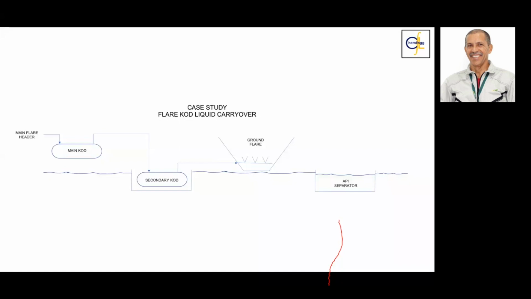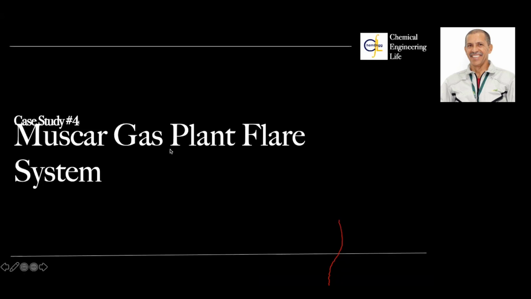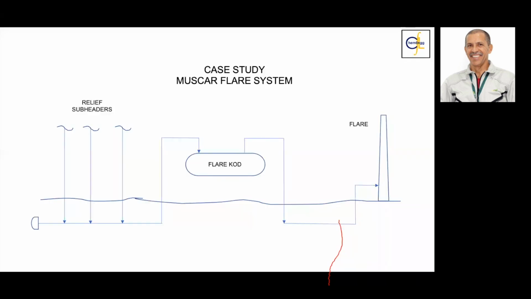Okay, let's go to the next one, please, Humzaa. In this case as well, we were called to run a safety study for the Muscar gas plant, the first system. Go on, please. I will not explain too much about what they do in that plant.